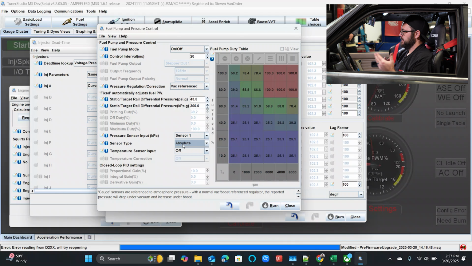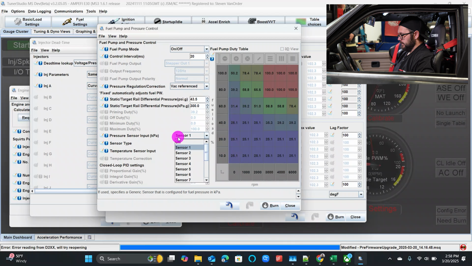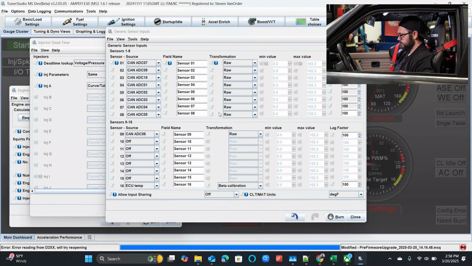So if you had disconnected the sensor from the rail, it's going to read somewhere around 14.68 to 14.7 psi, which is 1 atmosphere, which is 100 kPa. That's the air you're breathing right now. All right, so I'm going to shut this back off because I do not have a fuel pressure sensor coming into this vehicle.